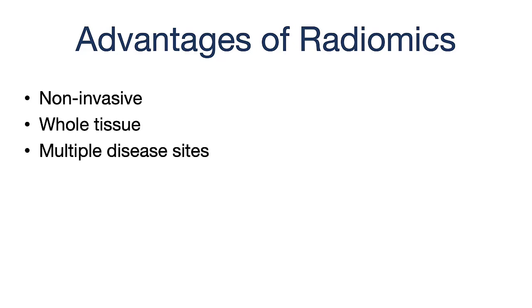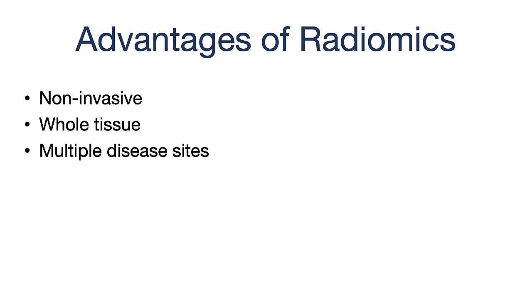And there are a number of advantages for using radiomics over tissue analysis. The first obvious one is that it's non-invasive. You don't have to stick a needle in to get the information that we're looking for. You also get an image of the whole tissue, not just a little sample, as would be, for example, from a biopsy.